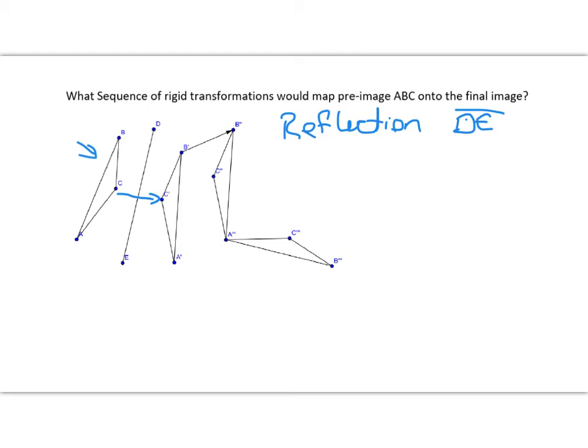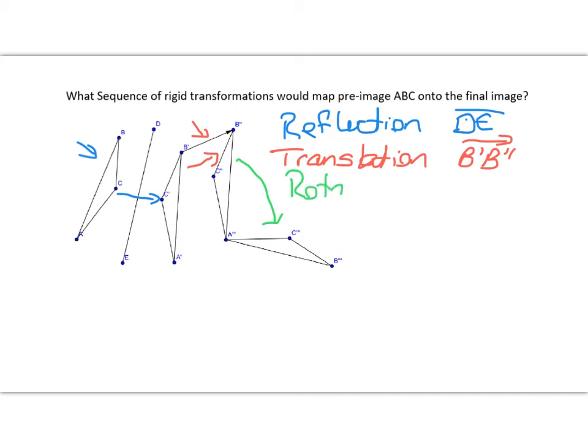And then the next one is I'm going from here to here. So if you'll notice, this is a vector, so I did a translation along my vector B prime B double prime in that direction. And then the next thing I did is I went from here to here, and that's a rotation.